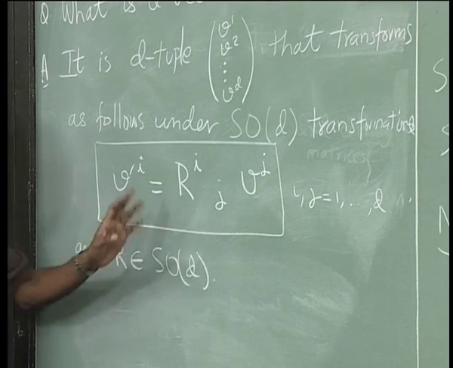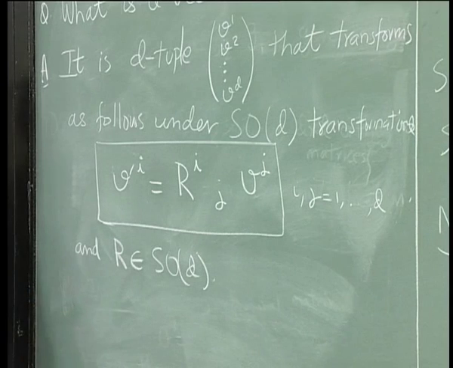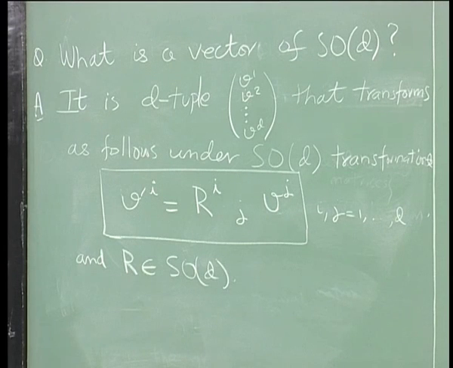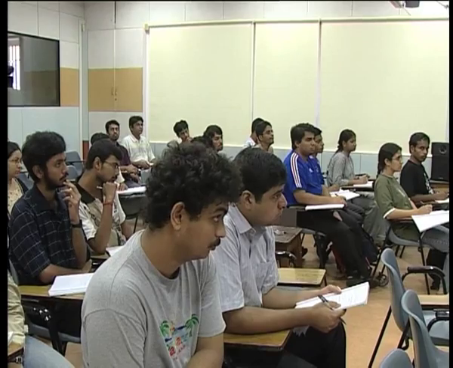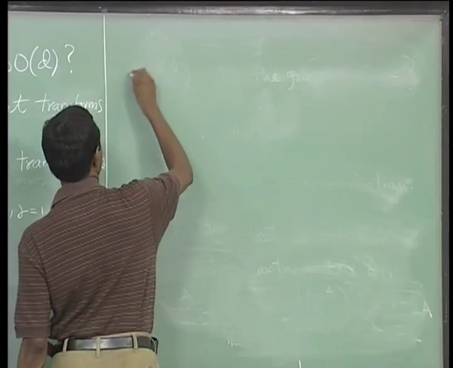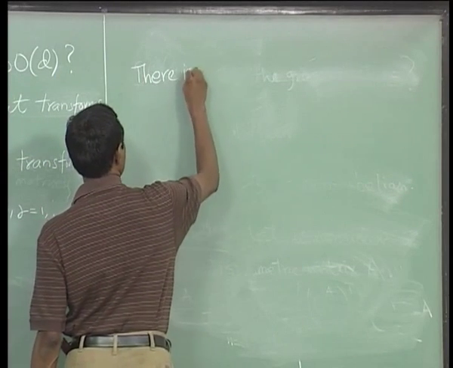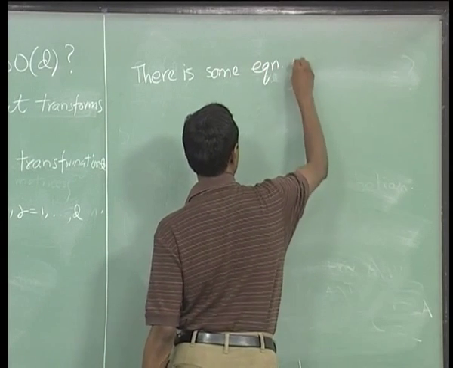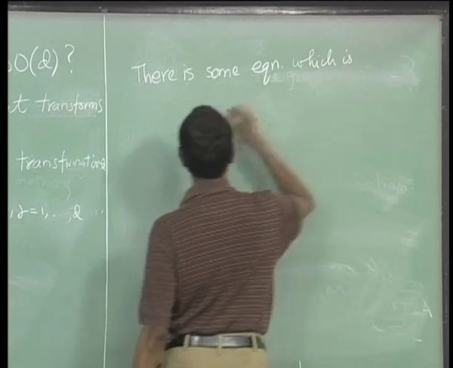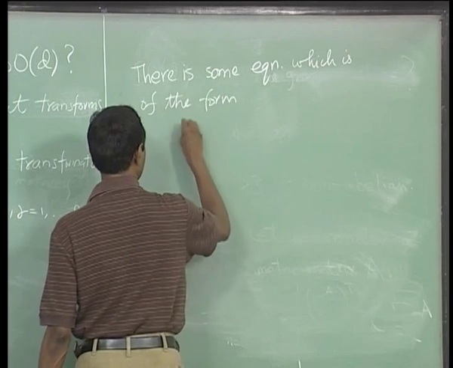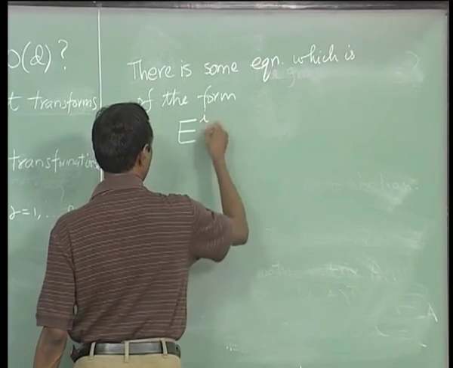And now I want to emphasize that if you find that there is some equation which is manifestly SO(d) invariant, let us say it is a vector of SO(d). So, some equation, okay, let us say that there is some equation which I will write, which is of the form E_i equal to 0.